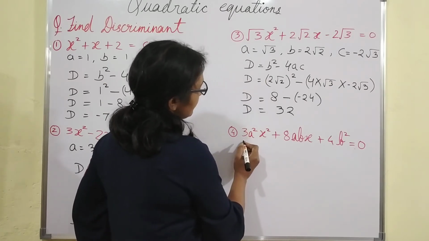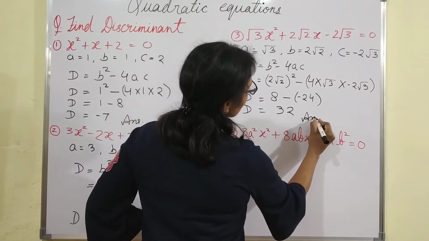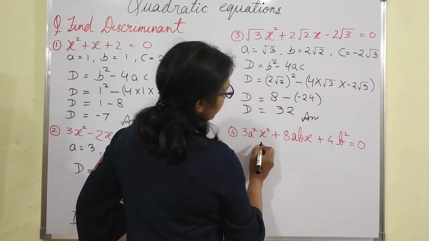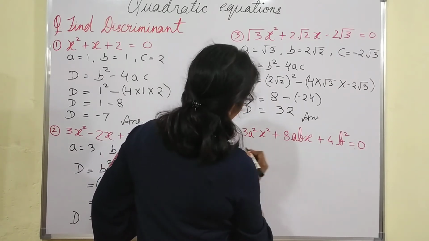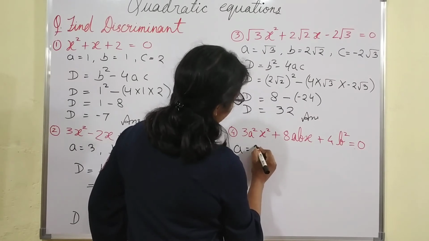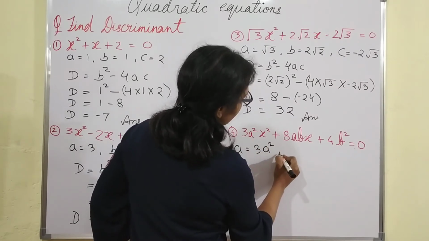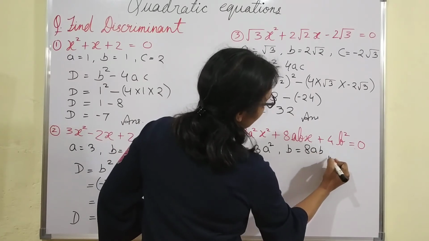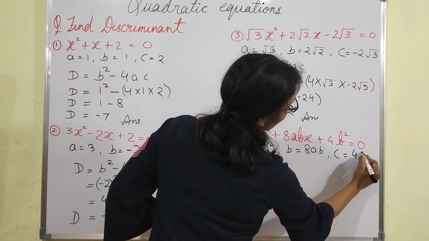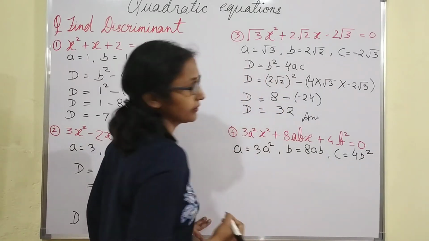Now next is 3a square x square plus 8abx plus 4b square. So a is 3a square, b is 8ab and c is 4b square.